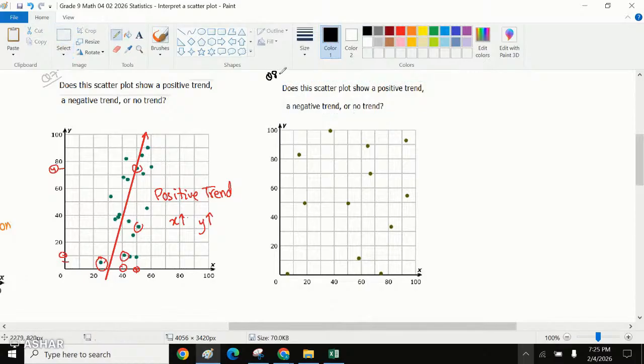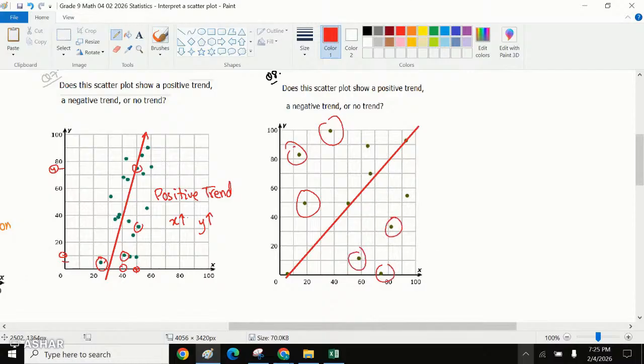Question number 8. Can we say it is a positive trend because the line passes through the maximum number of points? We made a line that passes through the maximum number of points, but the problem is that the points at the corner are very far away from this line.